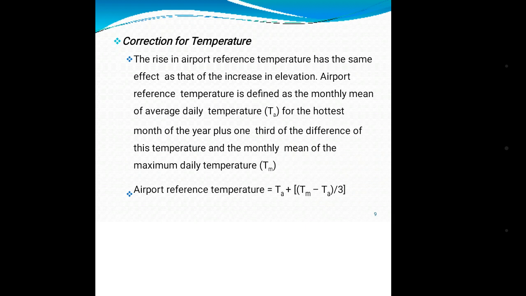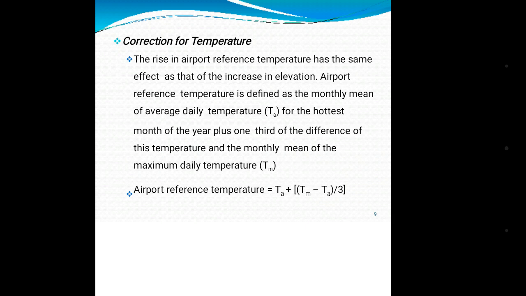Airport reference temperature is defined as the monthly mean of average daily temperature for the hottest month of the year, plus one third of the difference between the monthly mean of maximum daily temperature and that temperature. Once again, I am going to repeat it.